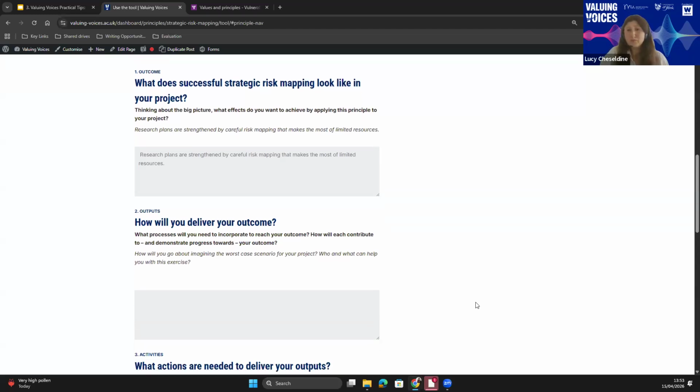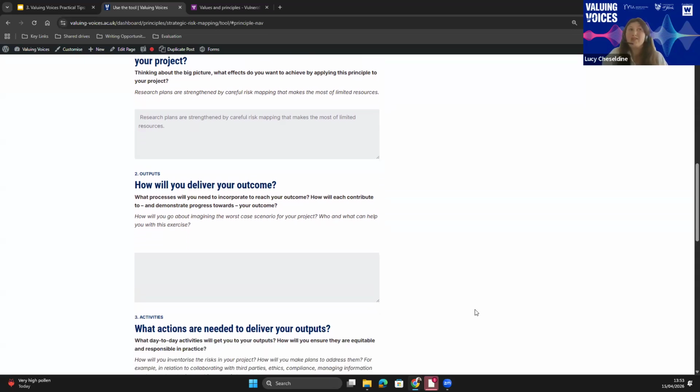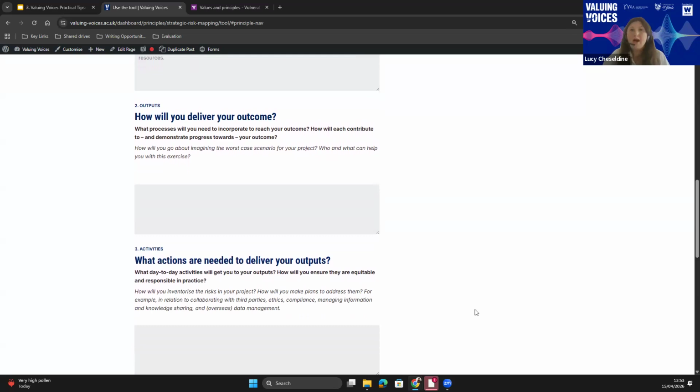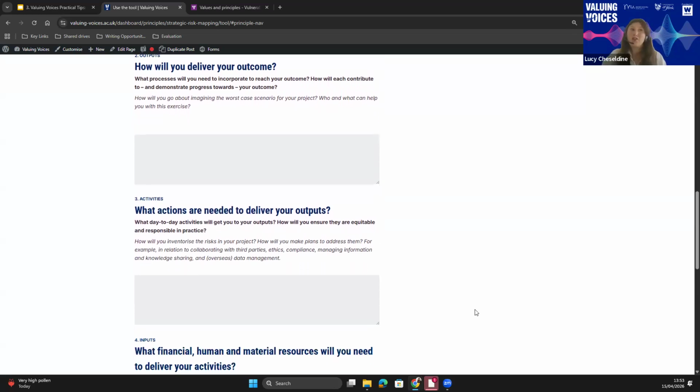Results-based planning means you start with the end in mind. You start with where you want to get to. And so these questions take you through thinking what successful strategic risk mapping in your research would look like, prompting you to come up with that vision, and then drilling down into how you'll deliver your outcome, how you'll map those risks, and then what actions you'll need to do that, how you'll monitor those risks going forward.